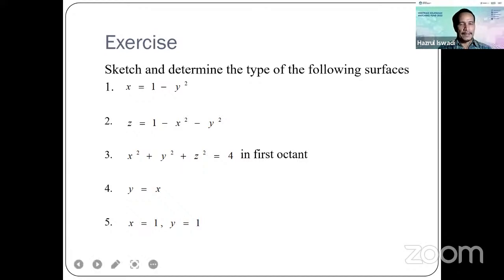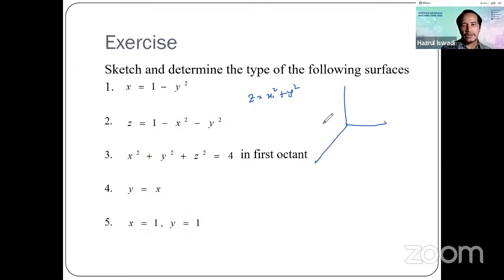The standard paraboloid can be drawn like here: z is equal to x square plus y square. This is a paraboloid, with x, y, and z axes.